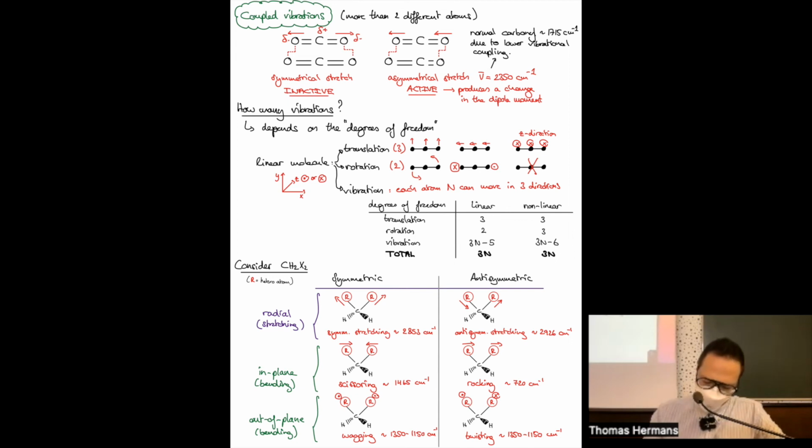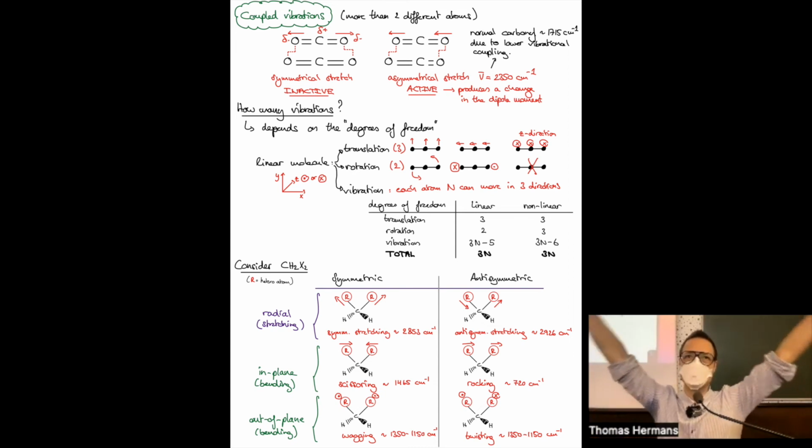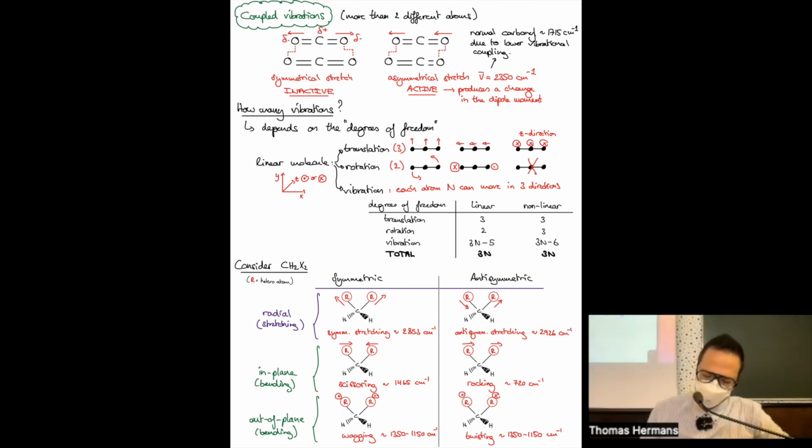Okay, so this motion is if both move inward. So this is scissoring like this. Both the heteroatoms are doing this. It's symmetric, right? So it's in the symmetric column. So it would be scissoring at this wave number.